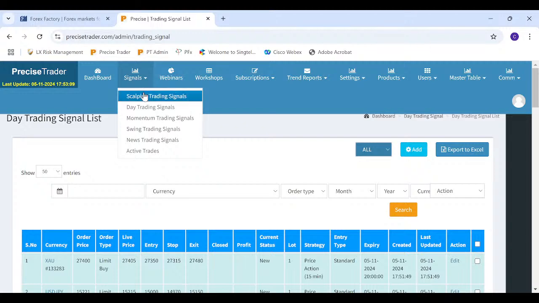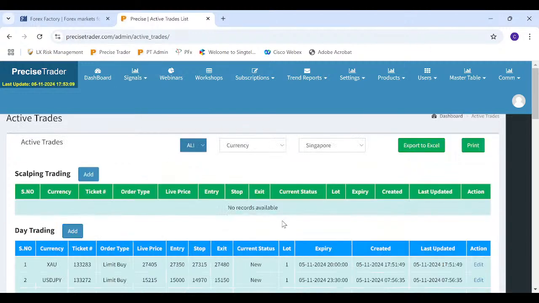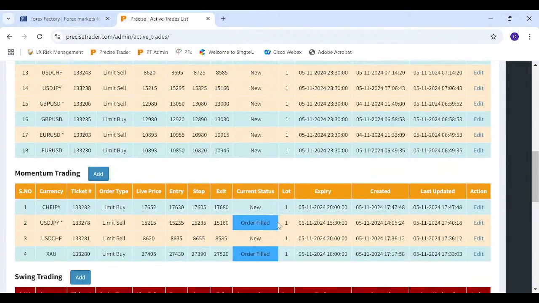And for those of you who are coming in for the first time, I hope you understand how we generate the signals. We'll give you the entry, exit, stop loss, together with the expiry of the time. So then at least you know that the validity of this trade is only during that time.